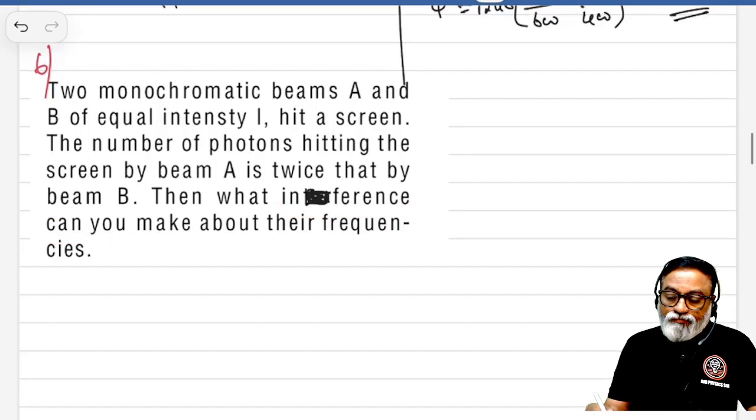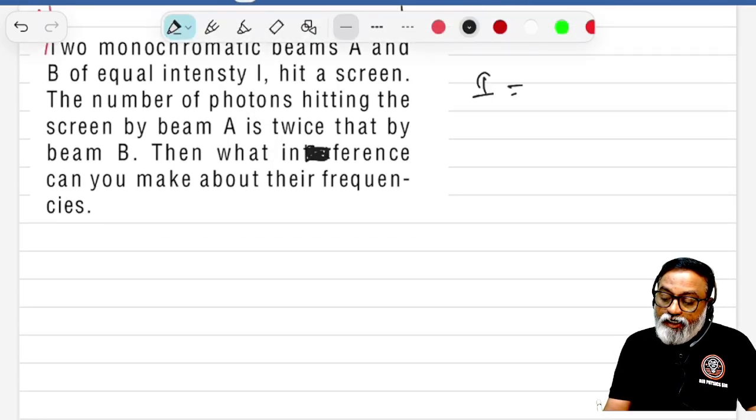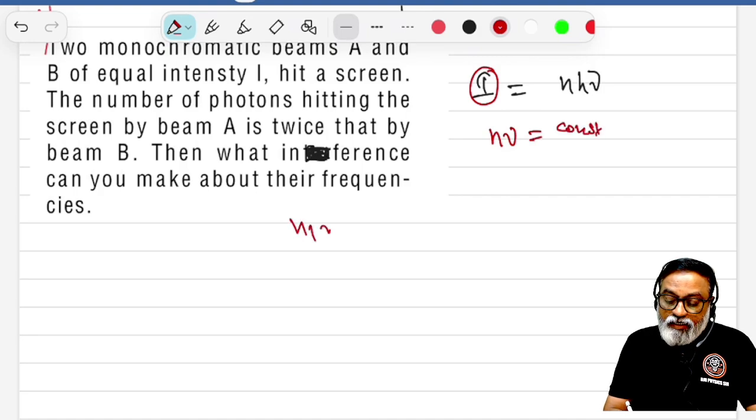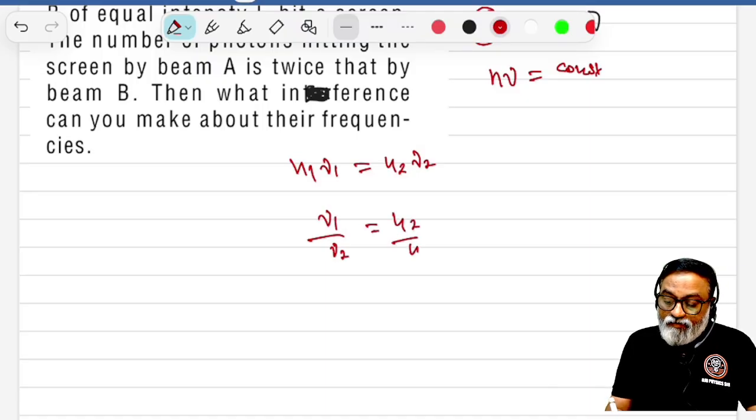See here, intensity I is equal to N into h nu. Here intensity is same, therefore N into nu is constant. This becomes N1 nu1 is equal to N2 nu2. Here I have to discuss the frequencies. Nu1 by nu2 is equal to N2 by N1.